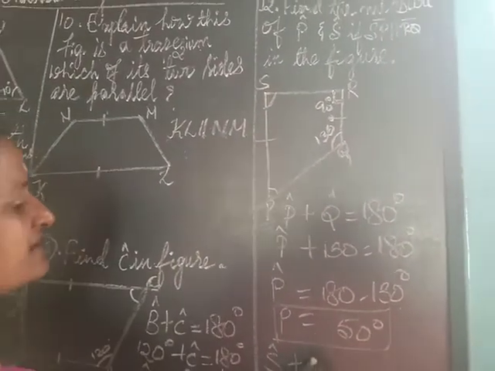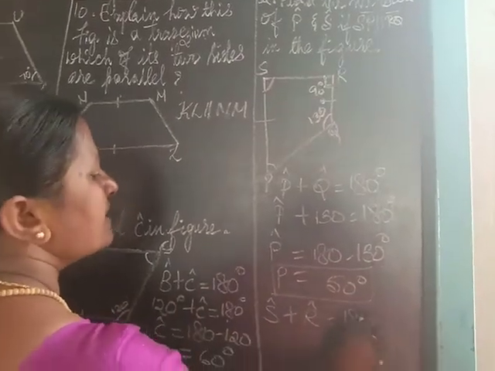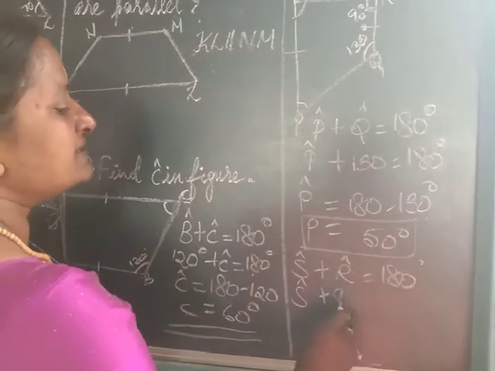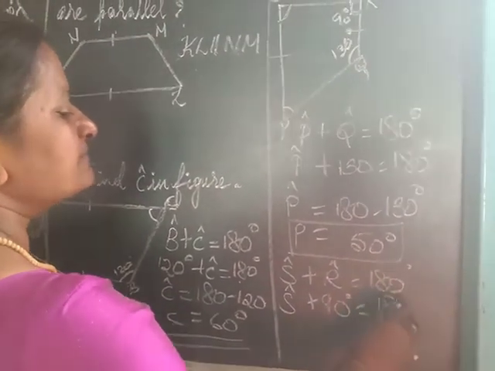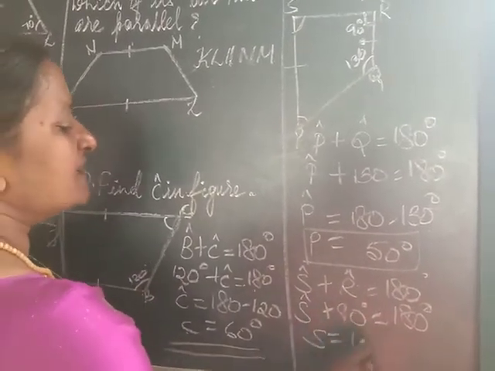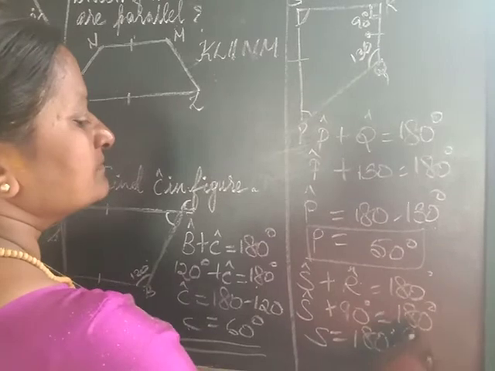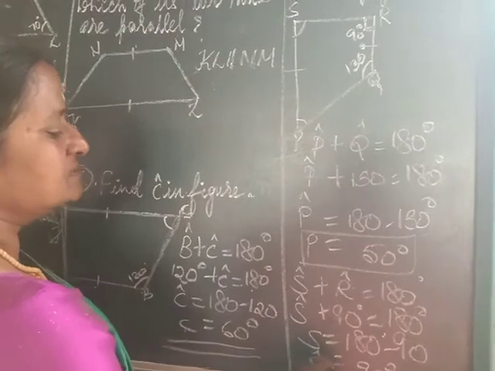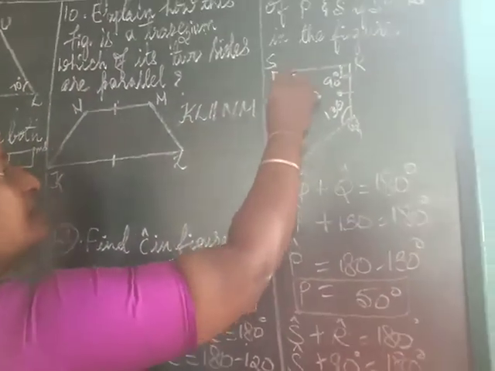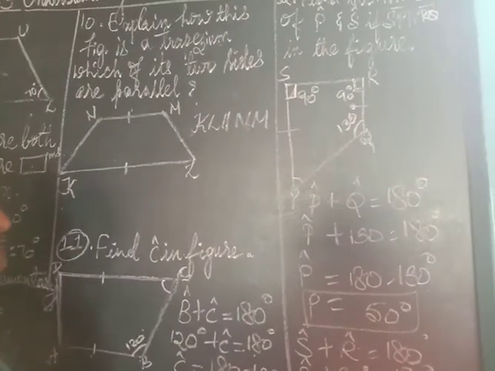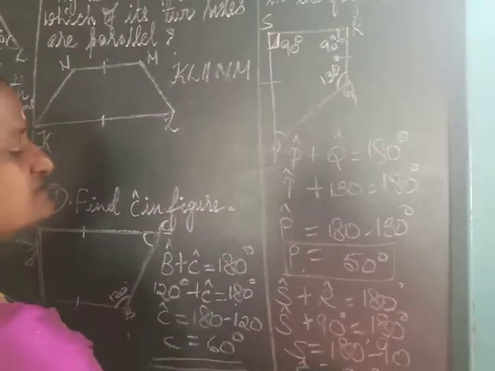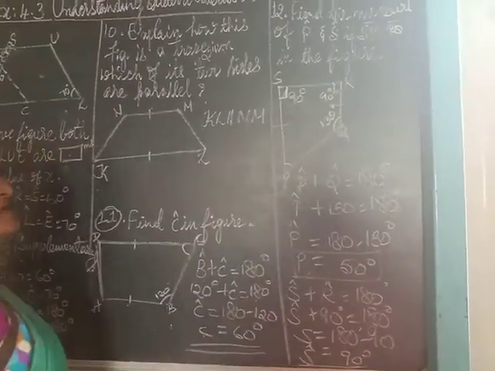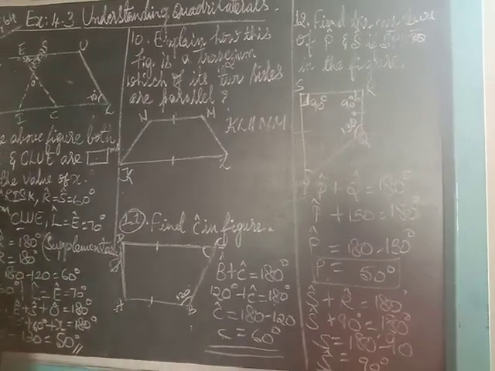Angle S plus angle R is equal to 180. Angle R they have given as 90 degree. So S is equal to 180 minus 90, that is equal to 90 degree. Angle S is equal to 90 degree. Okay children, this is what they have asked us to find out. Angle P is equal to 50 degree and angle S is equal to 90 degree. I hope you all understood.